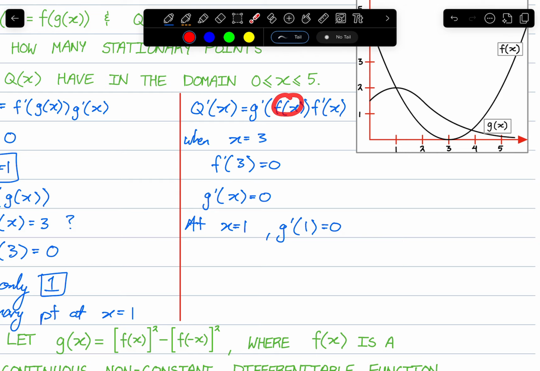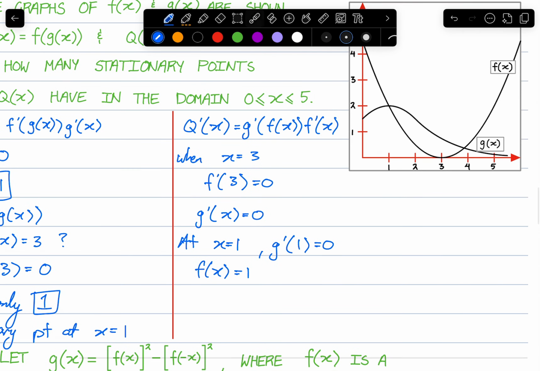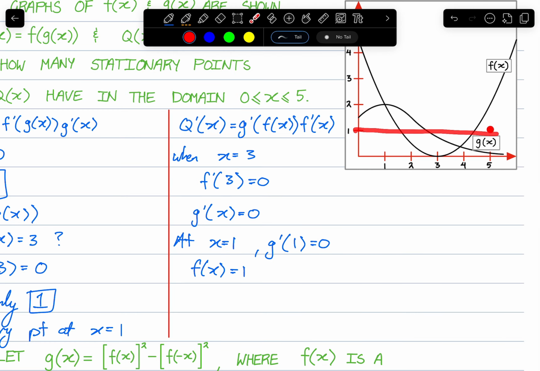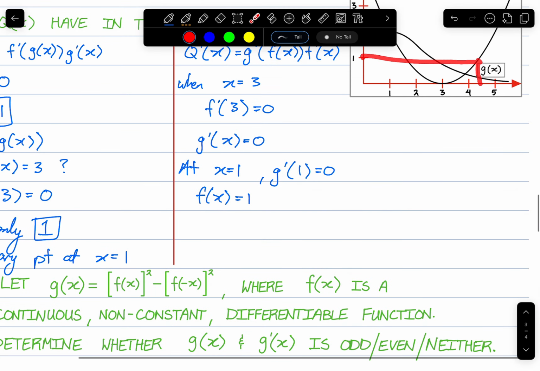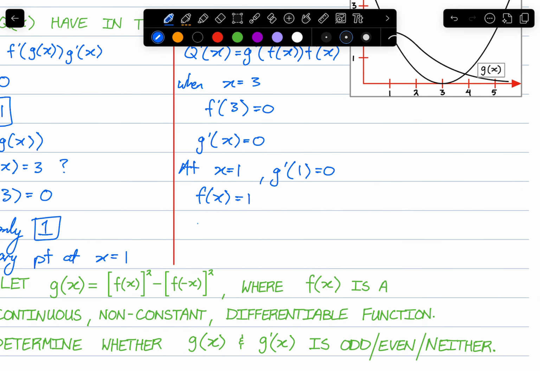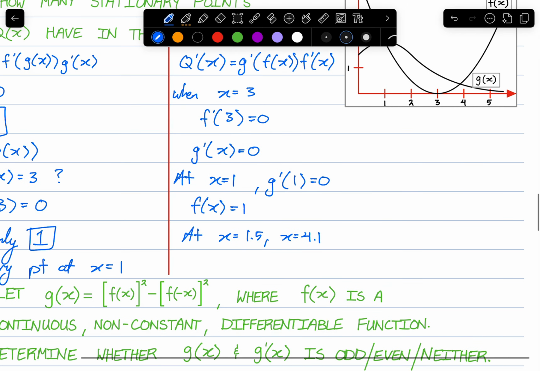So what we're really looking at is, when does f of x equal 1? Well, I can't say exactly what the values are, but I can see there's 1 here and another one here. So at approximately 1.5 and 4 point something, there are 2 points. So at x equals 1.5 and x equals 4 point, we'll just say 1, f of x equals 1.